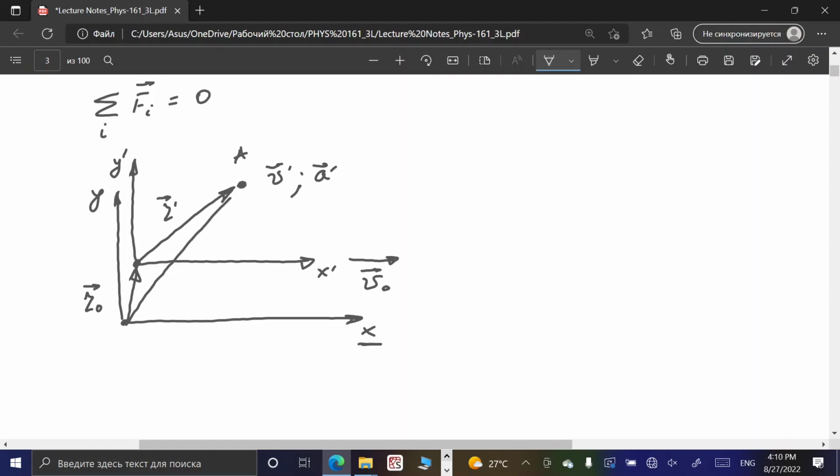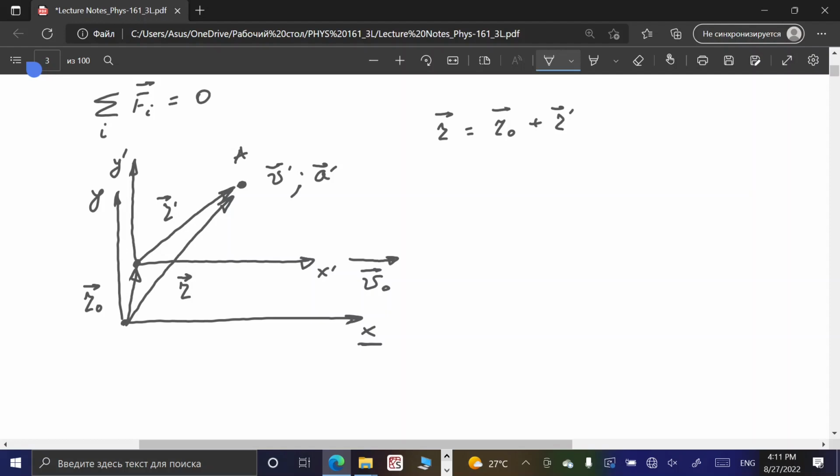So that will be position vector r. So it's clear from this plot that position vector r is the sum of these two position vectors. So let us write it down, and we will have the expression for the position vector of point A with respect to immobile system of coordinates given as the sum of r naught vector plus r prime vector.